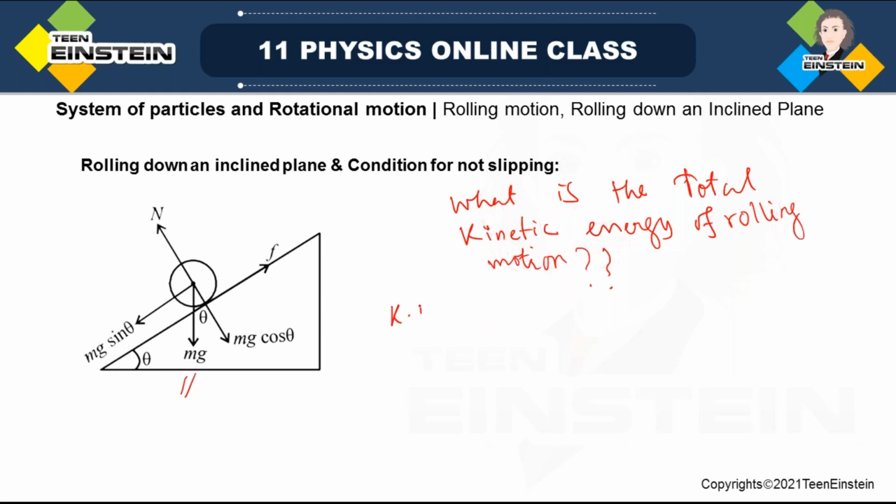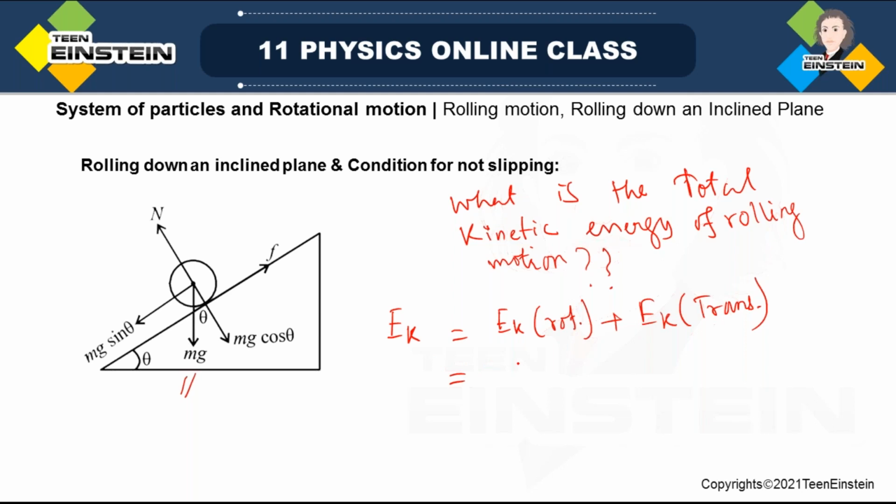So total kinetic energy, I'm writing kinetic energy as Ek, total kinetic energy is equal to Ek rotational plus Ek translation.